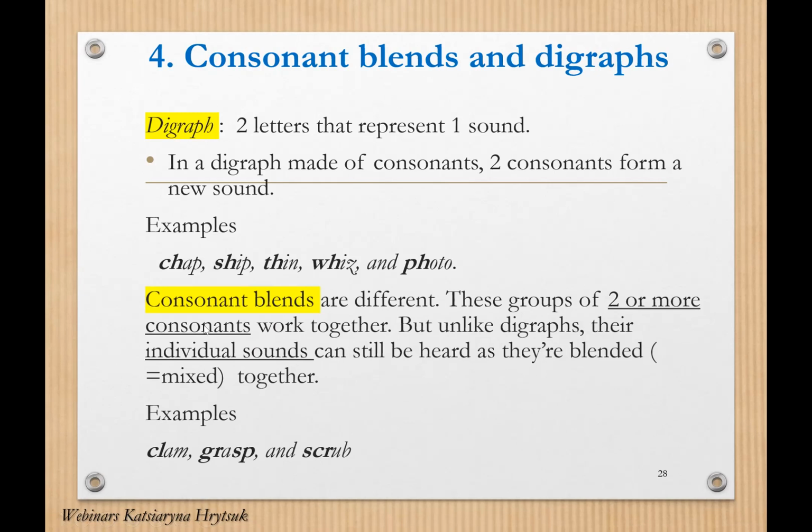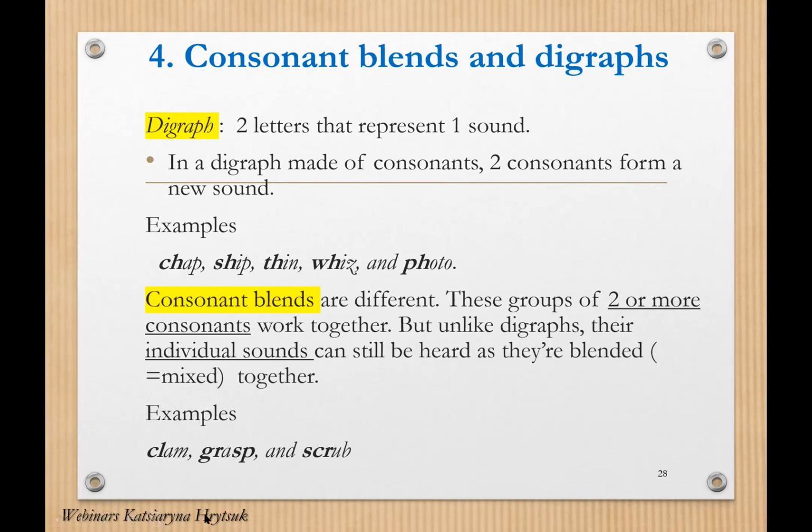Let me explain. Here we have two consonants, a new sound. Here, two consonants, but we read them: clem. It's the same sound, right? So that's why we say consonant blend. Consonants mixed together, but they should be read one by one.